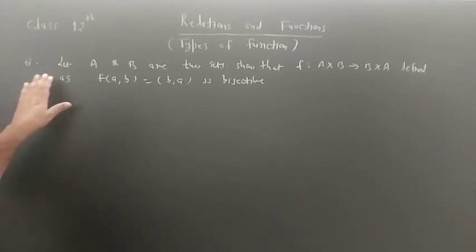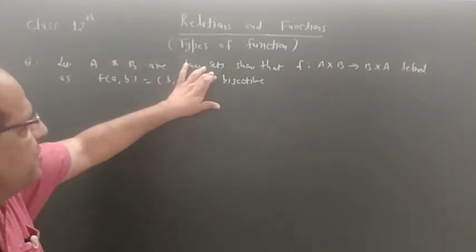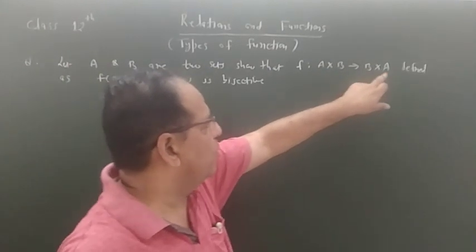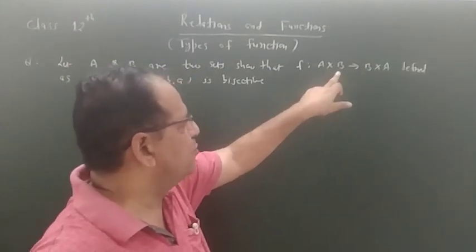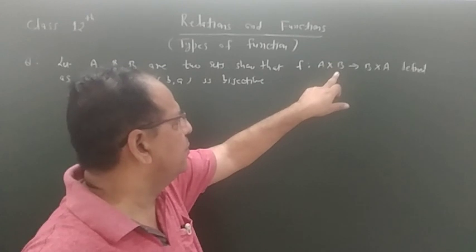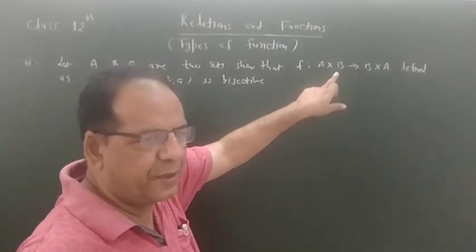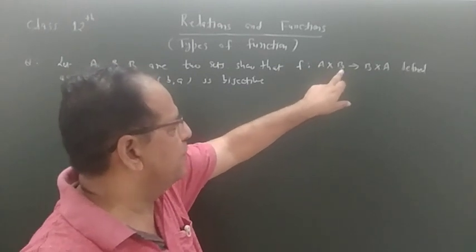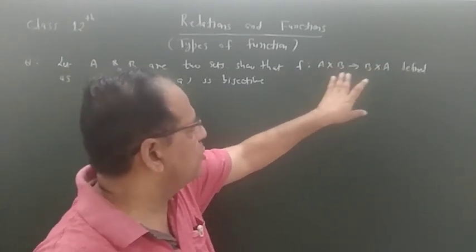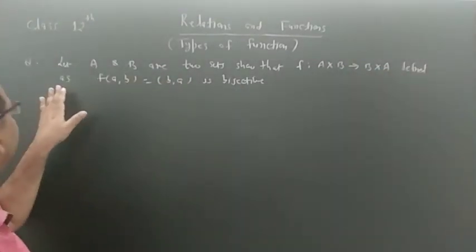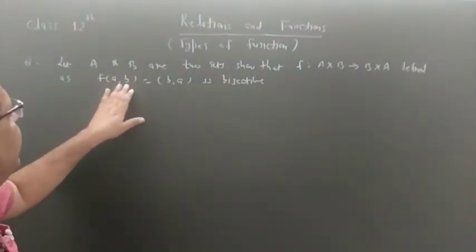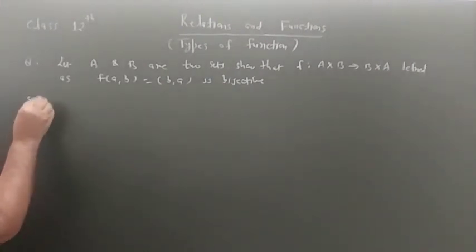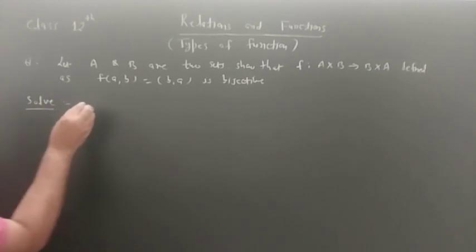So here the question is: let A and B be two sets, show that the function defined from A cross B to B cross A, defined as f of ordered pair (a, b) equal to (b, a), is bijective. You know well, A cross B represents the Cartesian product of sets, containing the ordered pairs whose first element is from set A and second element is from set B. So how can we solve this question?